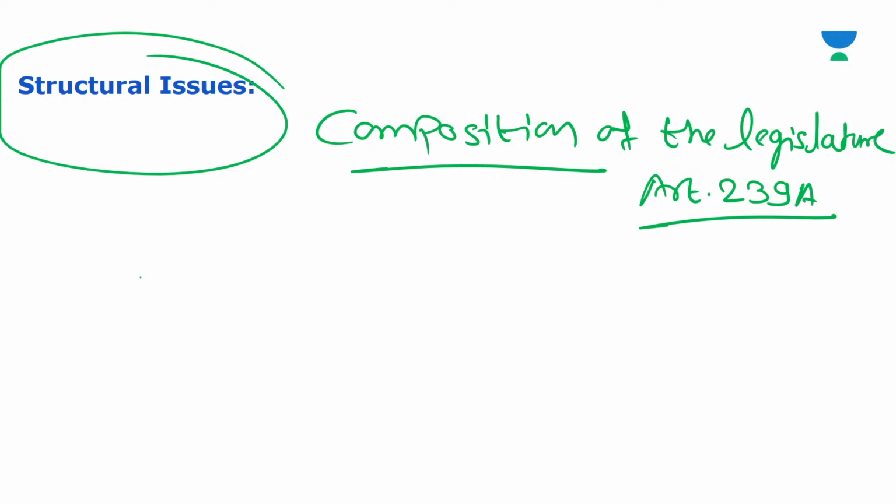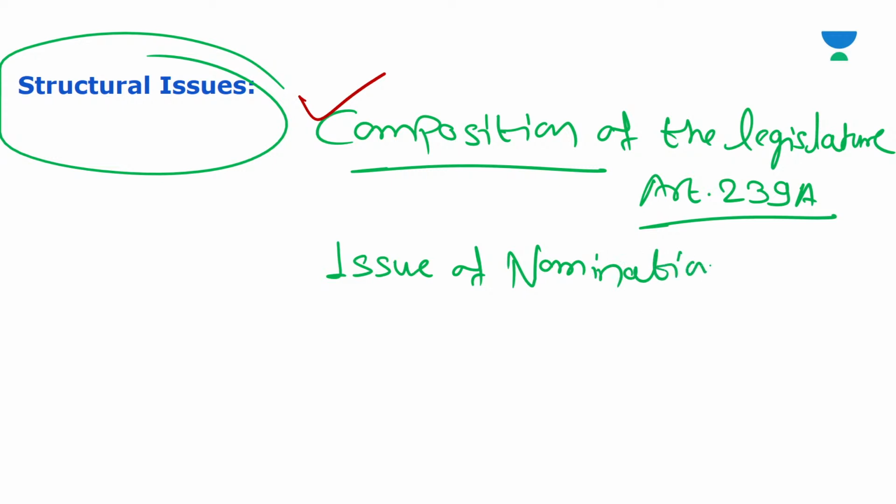So the structural issues include the composition of the legislature, and then the issue of nomination. Friends, the Government of Union Territories Act provides for a 33-member House for Puducherry, of whom 3 are to be nominated by the central government.